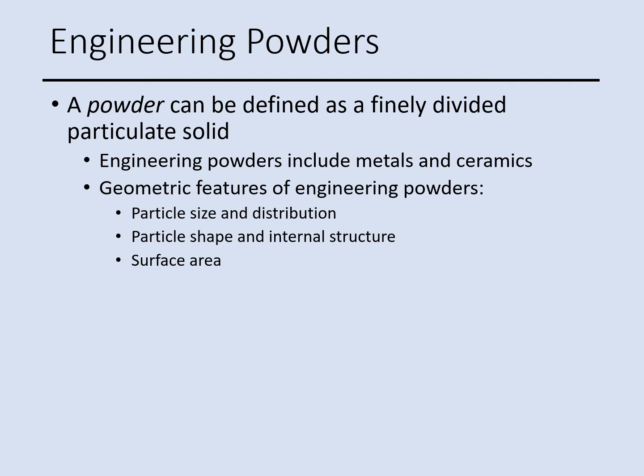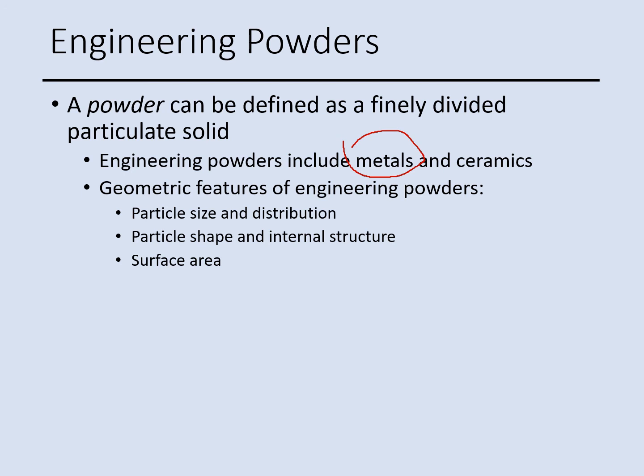In the powder metallurgy method, we use a powder as I mentioned before, and the powder is a particulate solid. This powder can be metal powder, can be ceramic, but here we are mostly focusing on the metal powders.